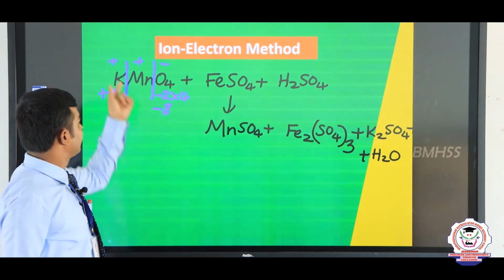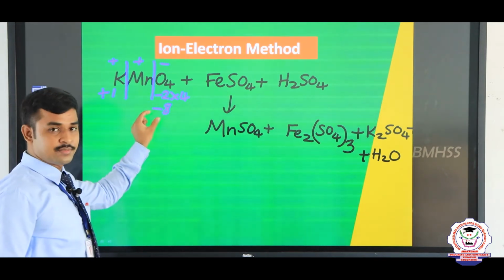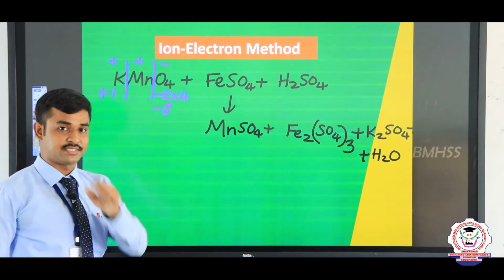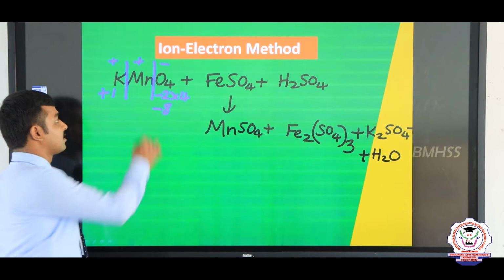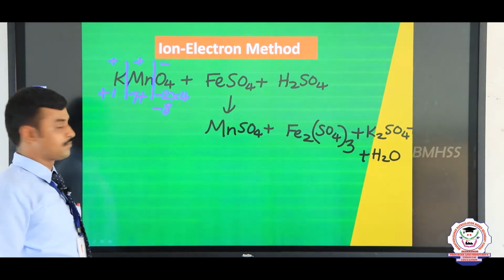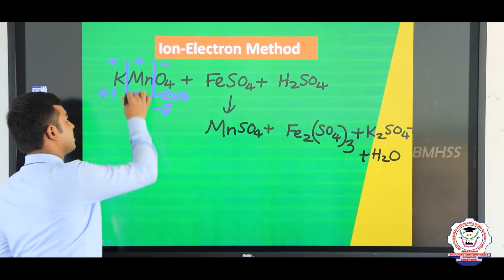So, the minus ions are -8, and the plus ions must be +8. One plus is present in potassium, and the remaining +7 is for one manganese atom. So, the manganese oxidation state is +7.